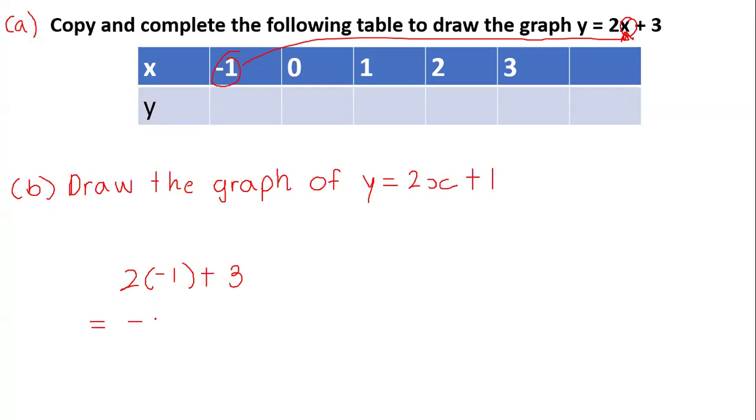Very good. -2 plus 3. What is -2 plus 3? You have a positive 1 here. It's going to be 1. Very good.